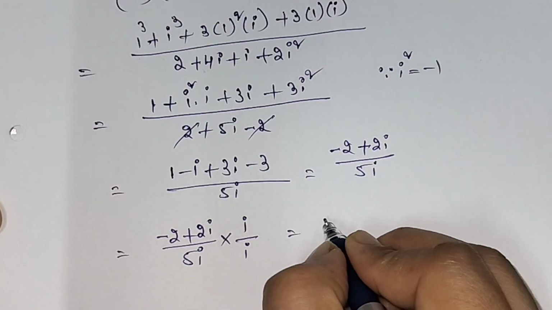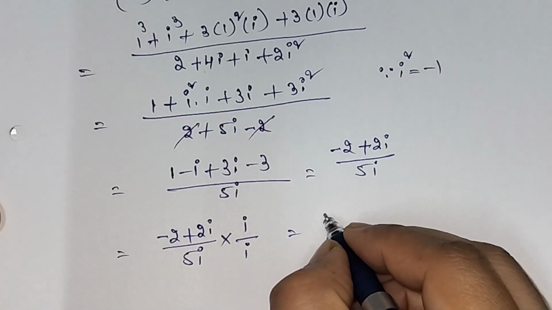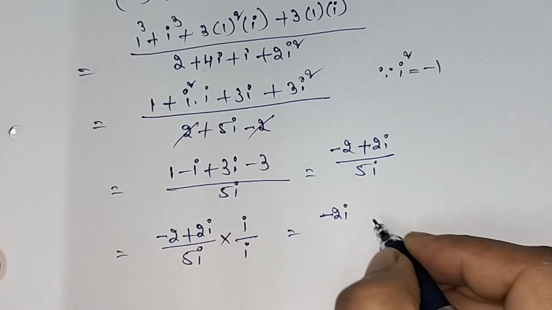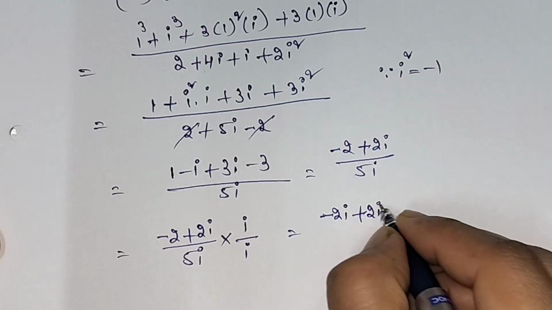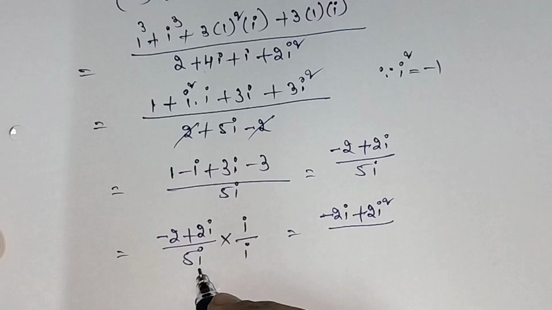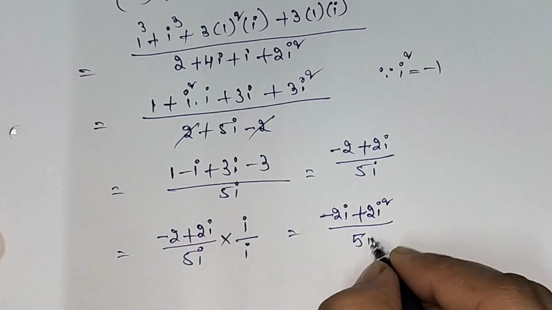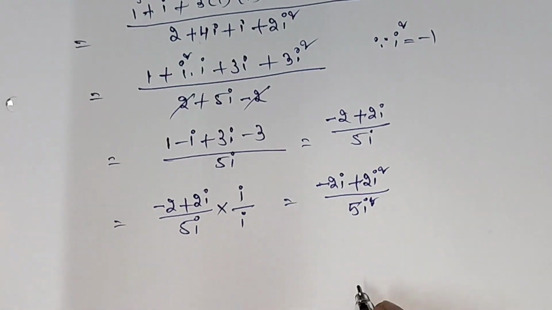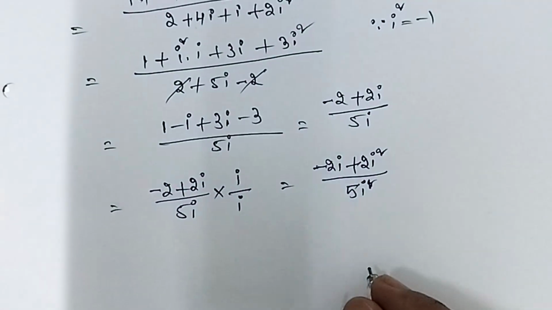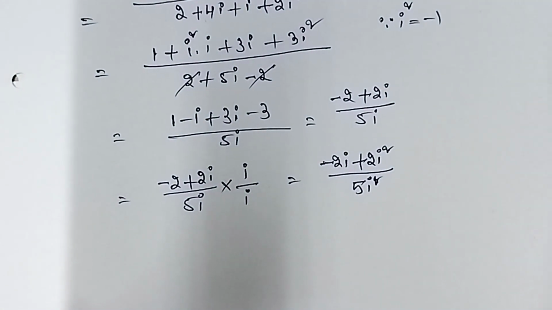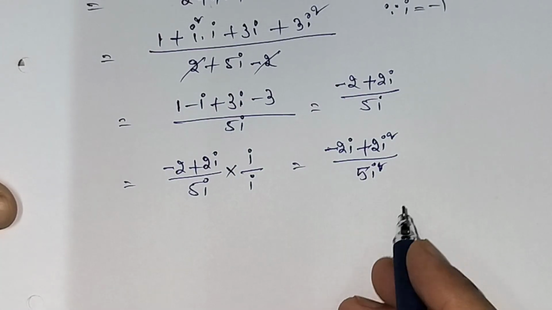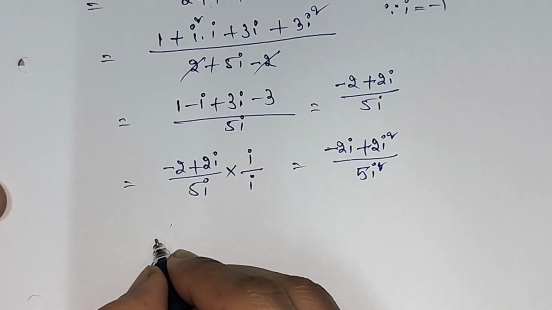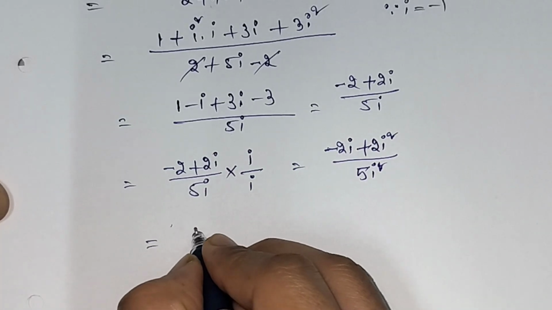That equals i into minus 2, minus 2i, plus 2i into i is 2i square, by 5i into i, 5i square. I square is equal to minus 1.